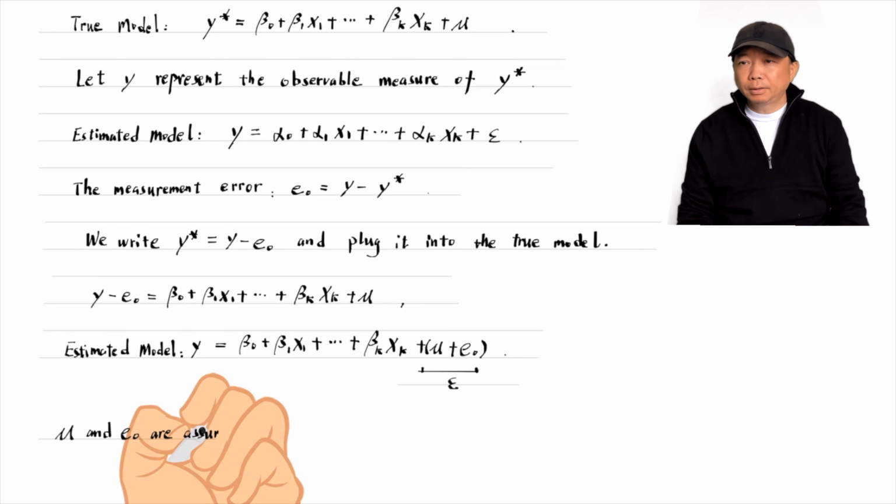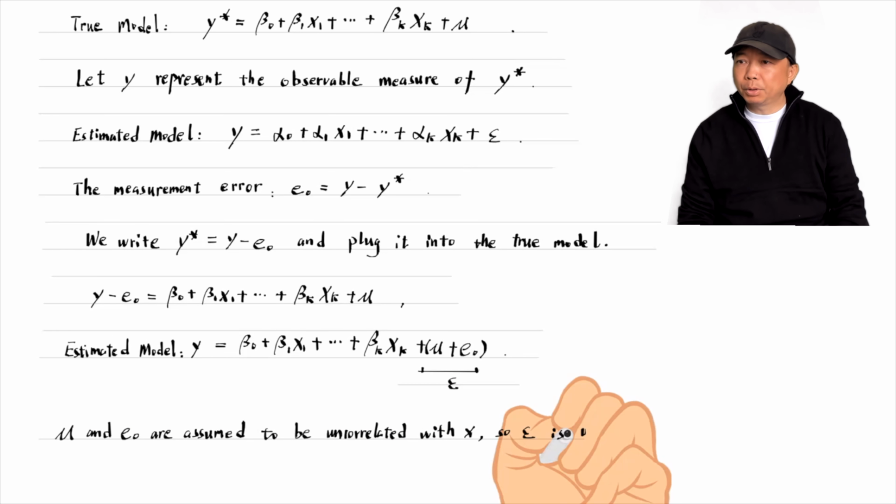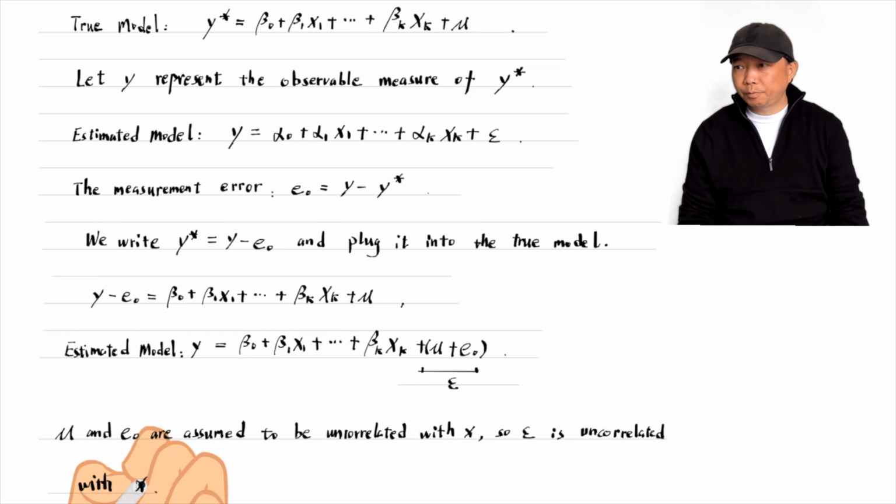We assume the error term in the true model, mu, is not correlated with any explanatory variables in the model. We also assume that the measurement error in the outcome variable, e0, is not correlated with the explanatory variables in the model.